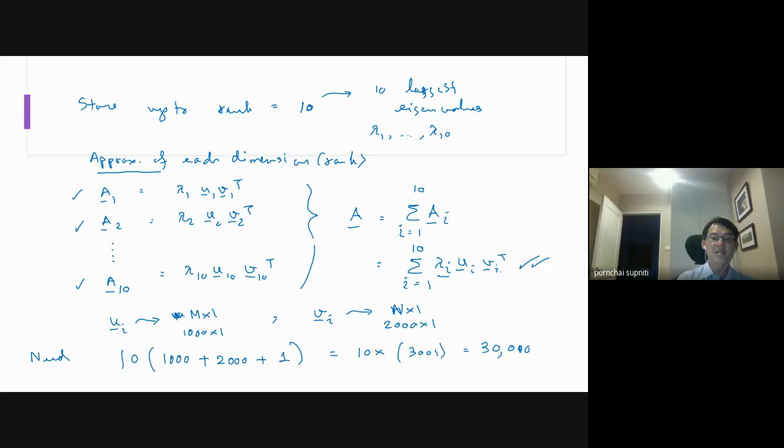So in this case, instead of storing all 2 million numbers of the image, we only need to store 30,010.